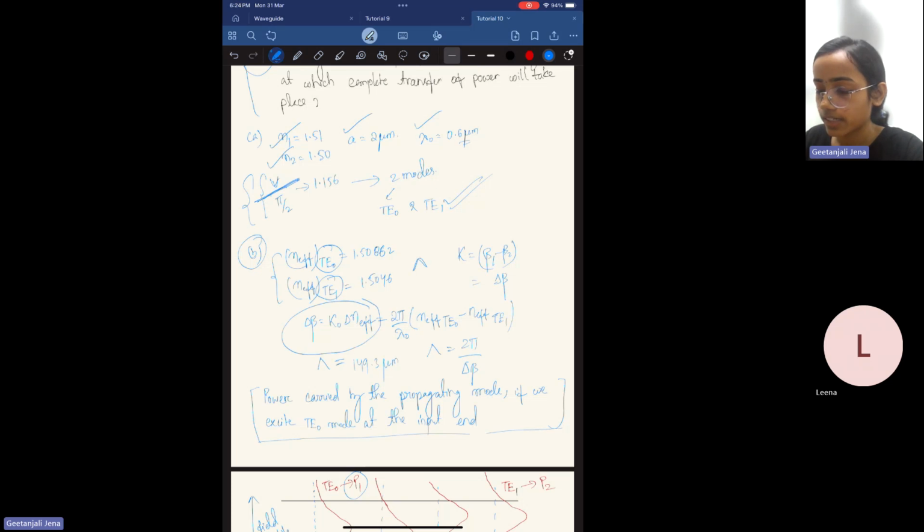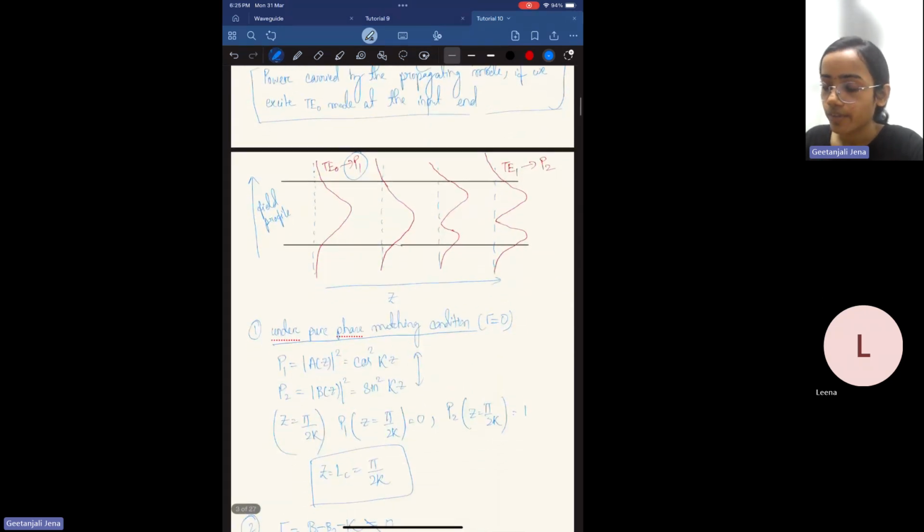Delta beta we can easily write as K0 delta N effective, which is already given in the question. Or if you have access to your laptop, you can calculate the transcendental equation for TE0 mode and TE1 mode, and based on the intersection point, calculate N effective. Based on that, we can easily calculate the period. This part we have seen in the last session.